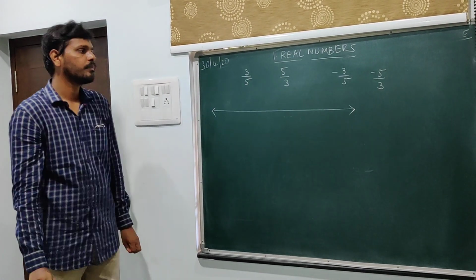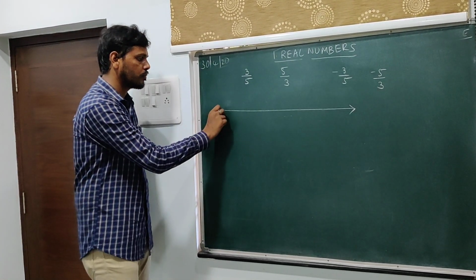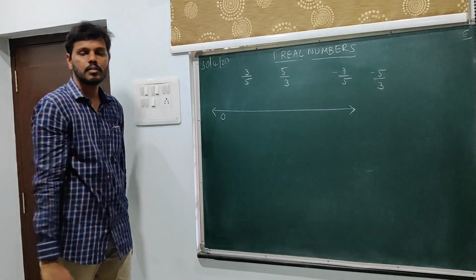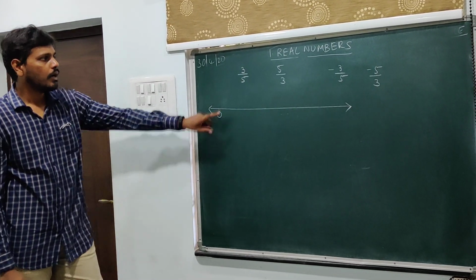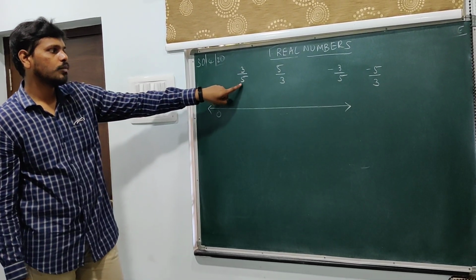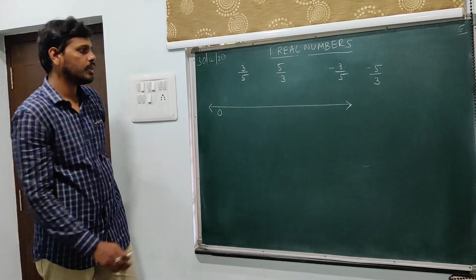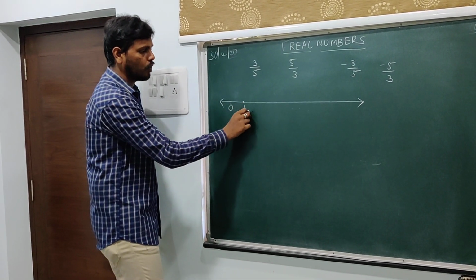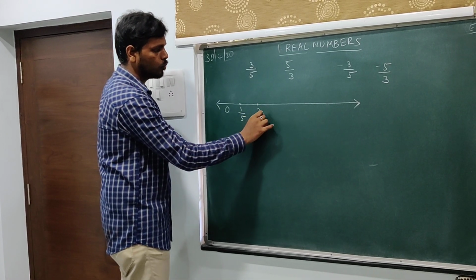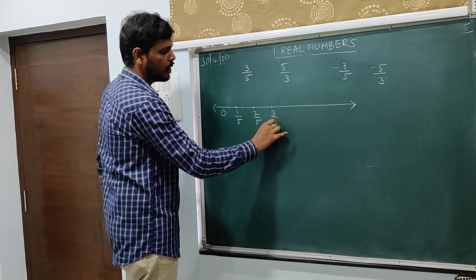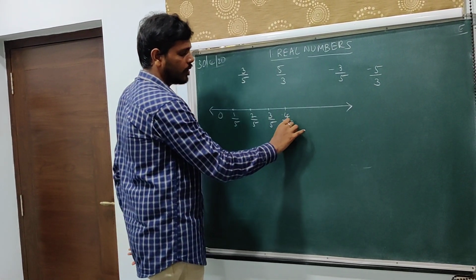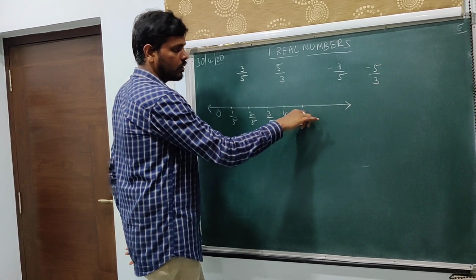So we draw a number line. We start with 0. We know that 3 by 5 is greater than 0, so we start with 0. And for 3 by 5, the denominator is 5, so we start writing 1 by 5, 2 by 5, 3 by 5, 4 by 5, and 5 by 5 is 1.